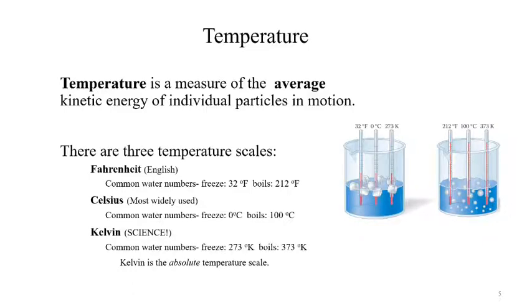When we go into Kelvin, the common water numbers become a little bit bizarre. For our freezing point for water, it's 273 Kelvin, and for the boiling point, it's 373. A quick note, you'll notice that there are degrees written next to our Fahrenheit and our Celsius. There should not be degrees written next to our Kelvin, because Kelvin's an absolute scale.